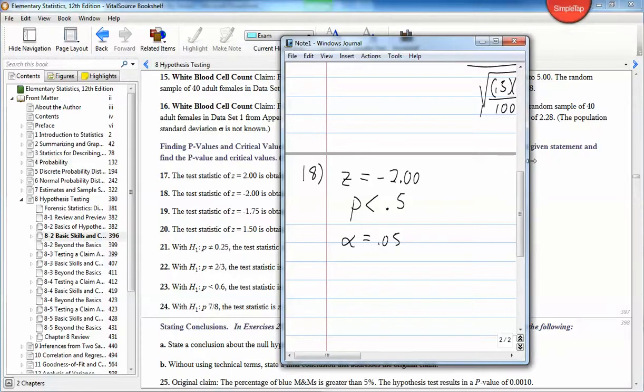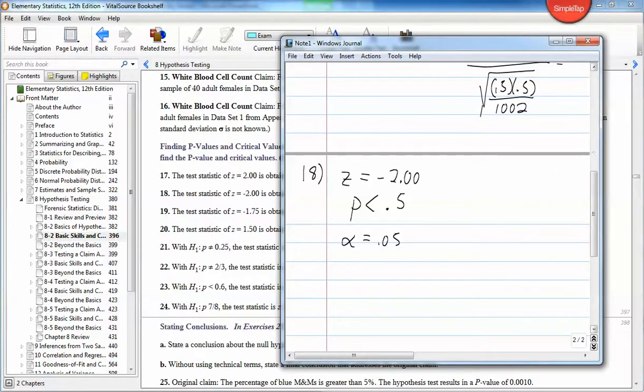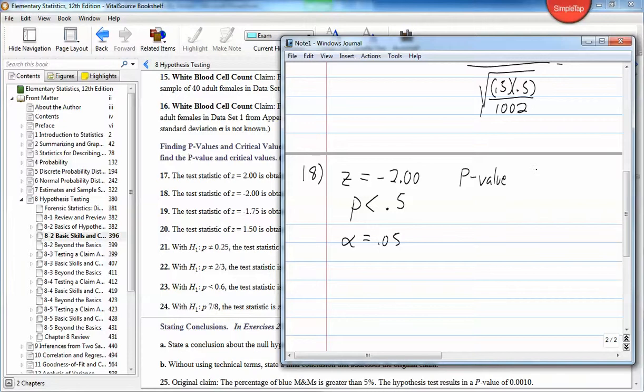Now, we don't have a test where we use both of those. Just know that we're finding this. The p-value is used with one test and the critical value is used with a different test. But it does ask us to find both so we can practice. Alright, so the way that we figure out the p-value, let's do that first.